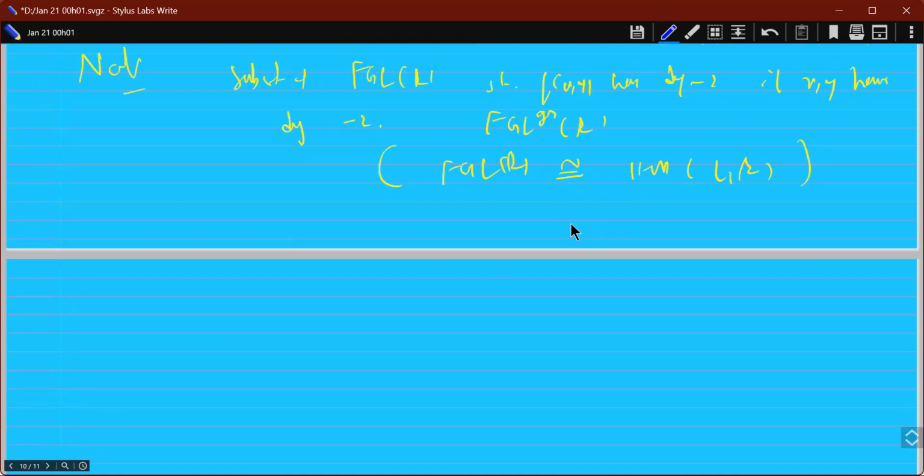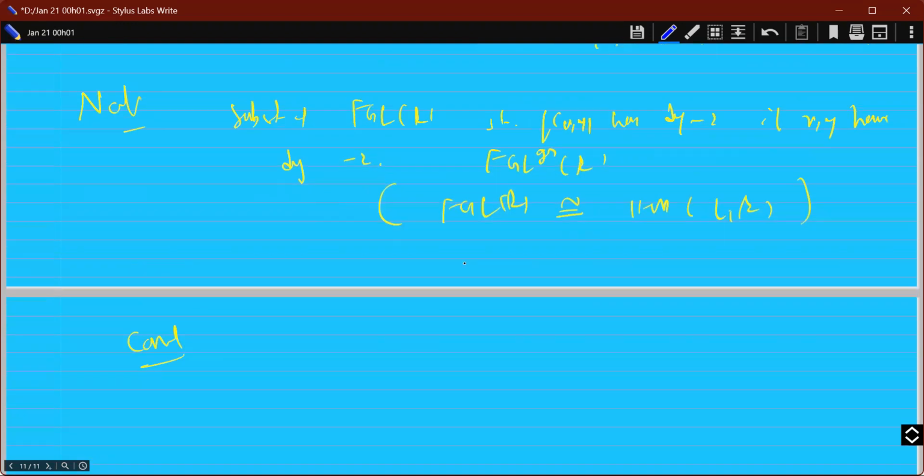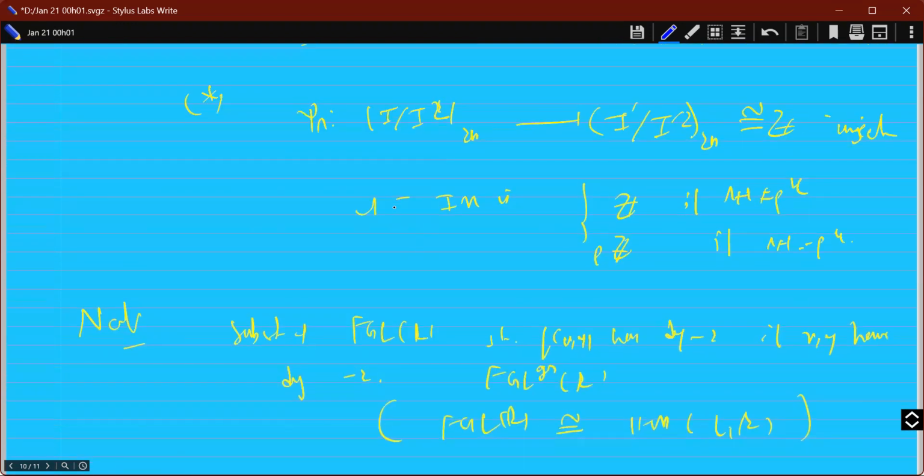Now some new constructions. We are interested in this; this is our object of interest. This is what we want currently, where A is an abelian group.